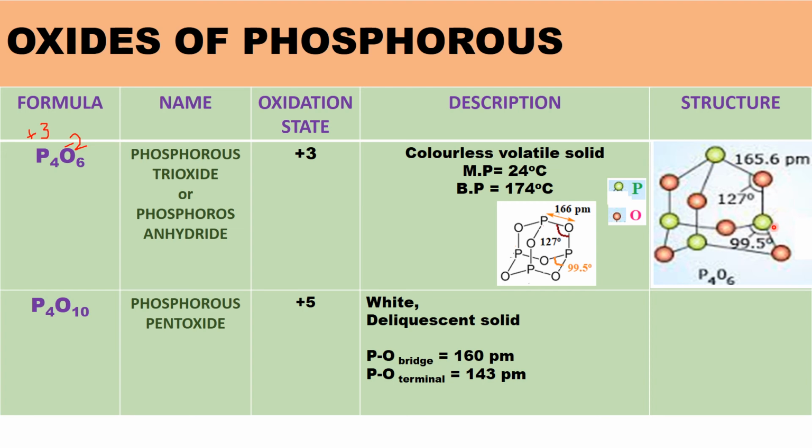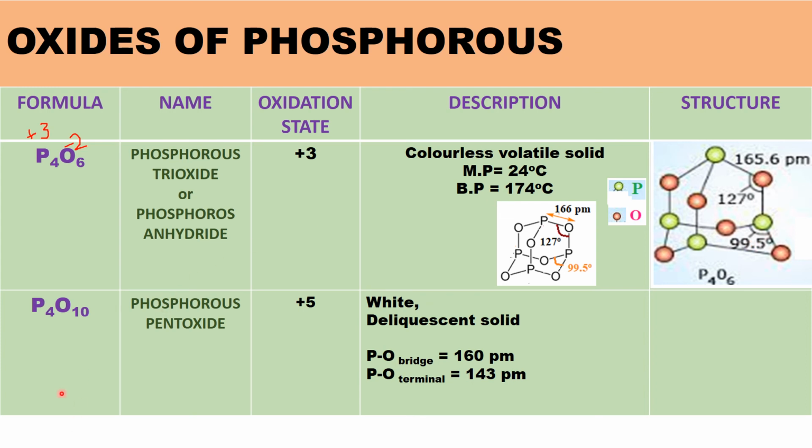So alternate positions are occupied by phosphorus and oxygen here. The bond angle between phosphorus, oxygen, phosphorus is 127 degree and the bond length between phosphorus and oxygen is approximately 166 picometer, and here the bond angle is 99.5 degree.